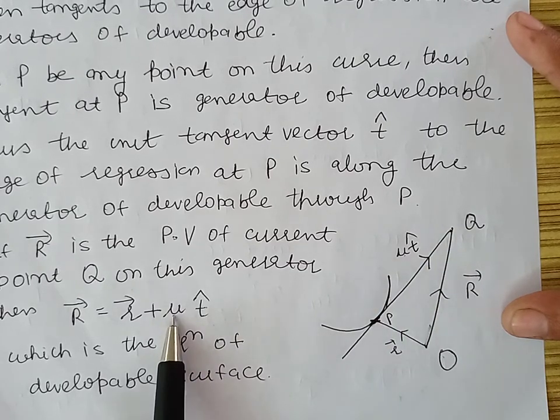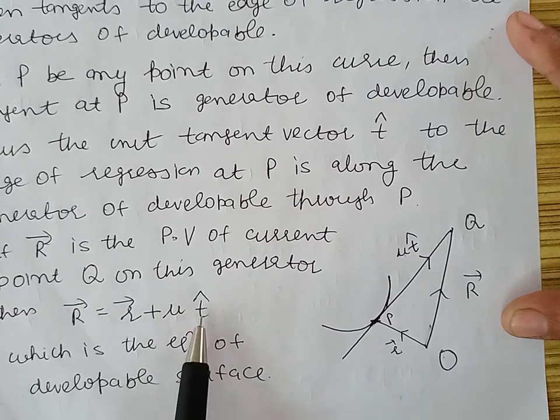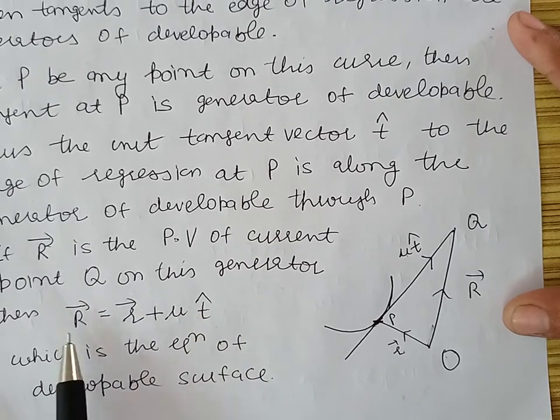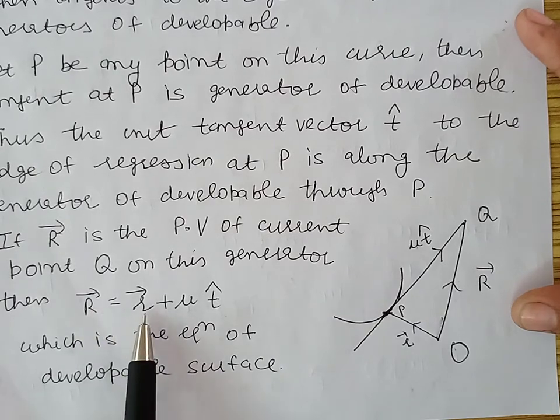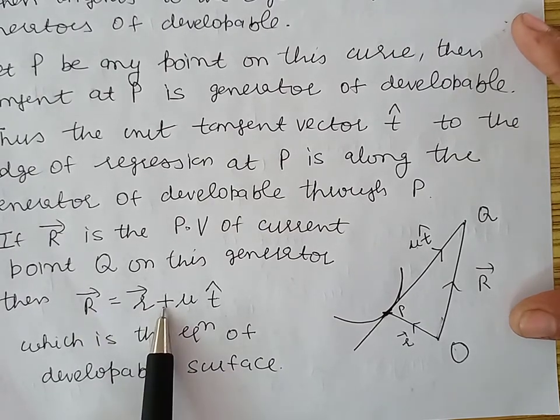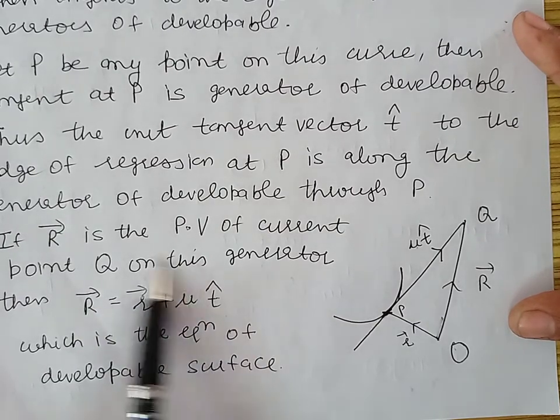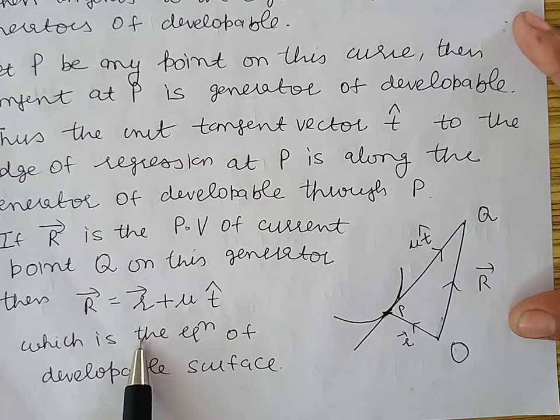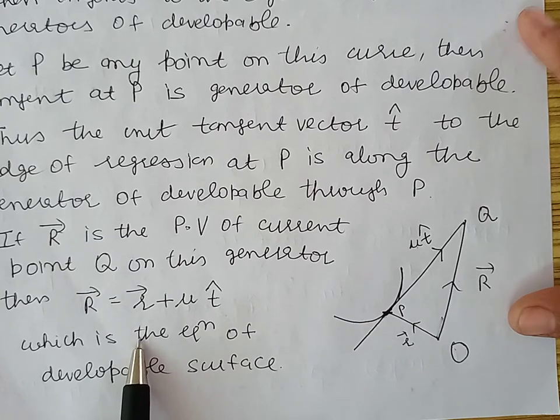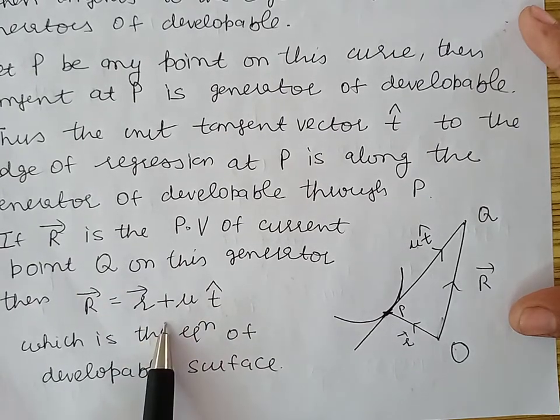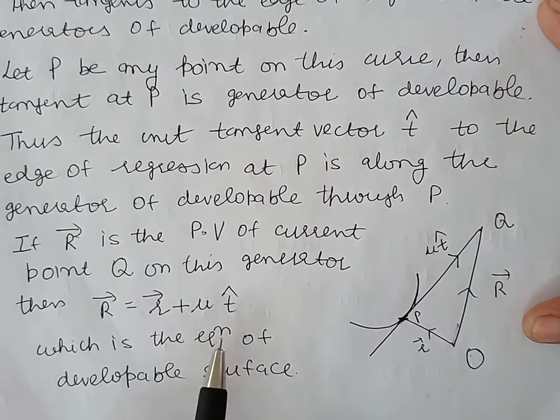So we have taken its magnitude as mu and its direction is along t cap. So we can write vector R is equal to vector r plus mu into t cap. So this gives us the position vector of the current point on the generator, and this represents the equation of the developable surface.